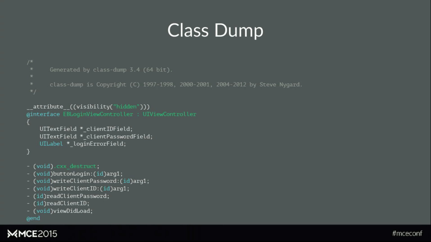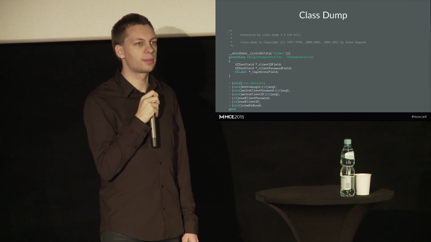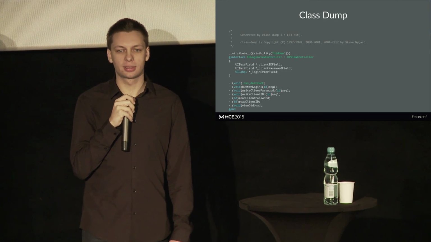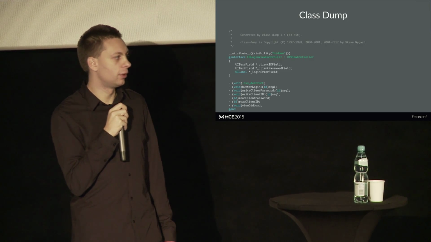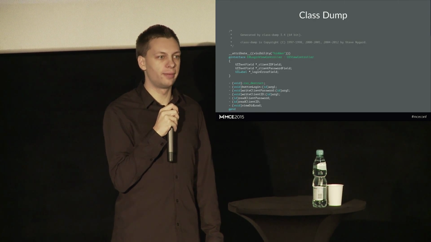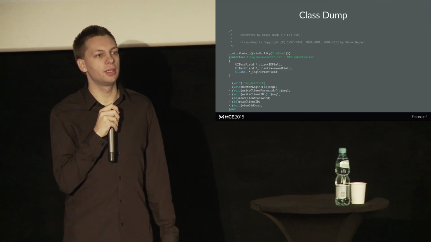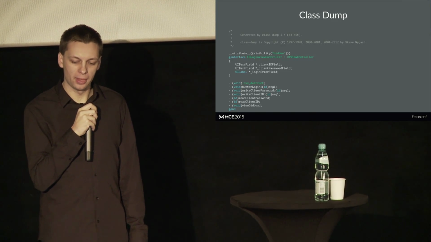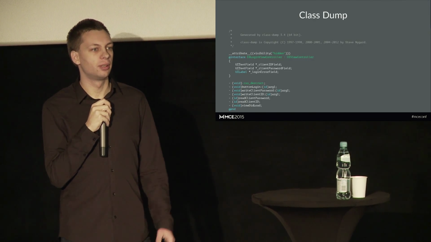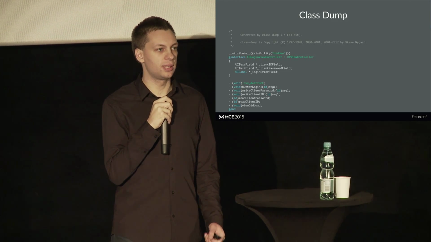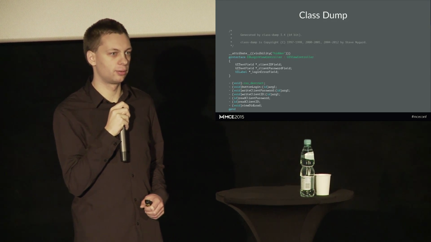If you have that application copied to your computer, you can use another tool, ClassDump. ClassDump is pretty old. It was used since the first iPhone to discover private APIs that can be used on the phone. And it can be used to attack your application to see the structure of your application.